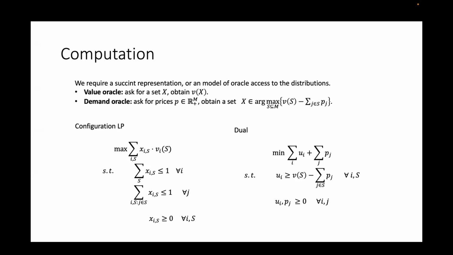And for every item j, I'm allocating the item at most once, because I said I only have one copy of each, right? So that's the configuration LP. And the cool thing is that when you take the dual, we get this, which has polynomially many variables, and the demand oracles are actually a separation oracle for the dual. So we can solve this LP in polynomial time using demand oracles.